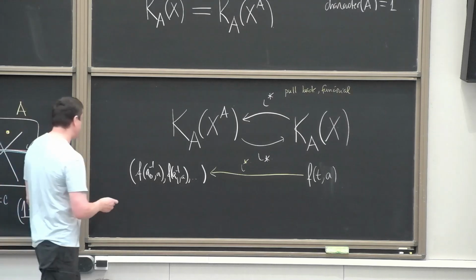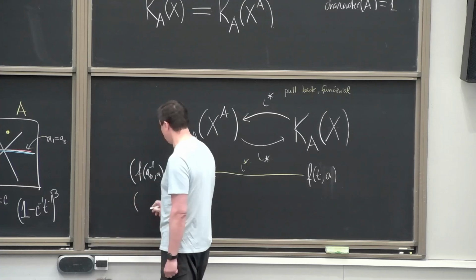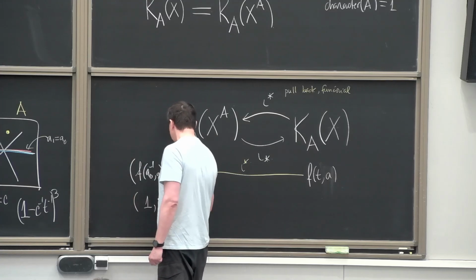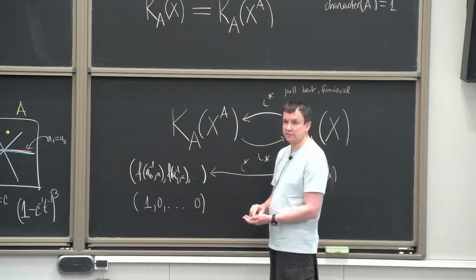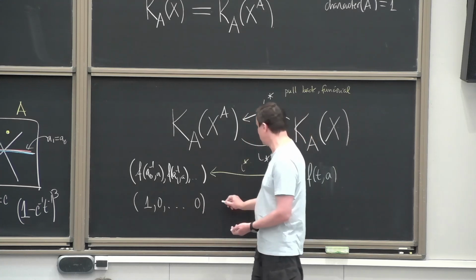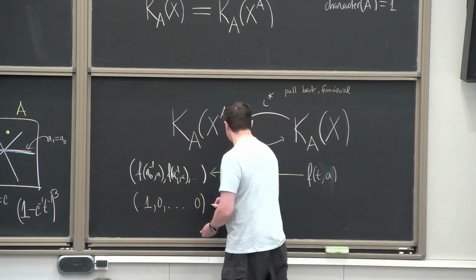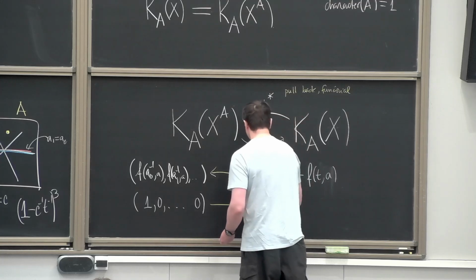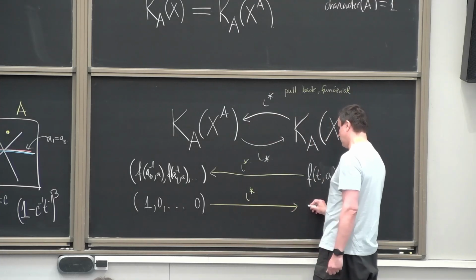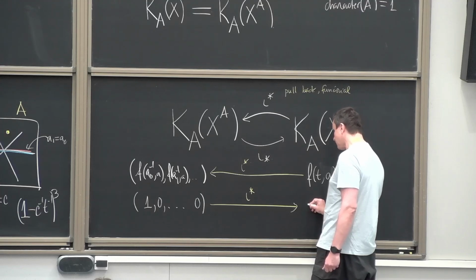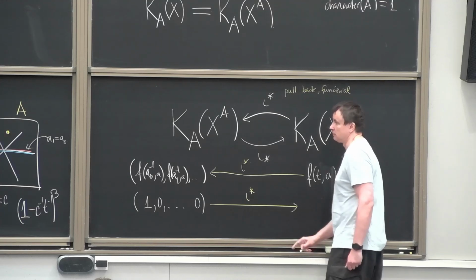And what's the push forward? Well, we also know what it is. If I take 1, so to speak, the first marked point, where is it going to go? We computed that over there.